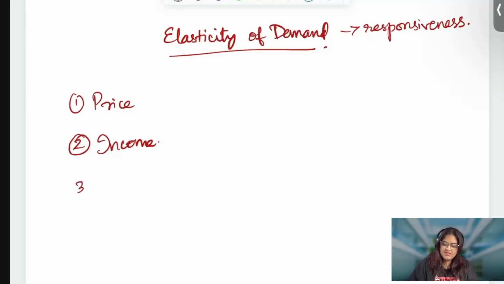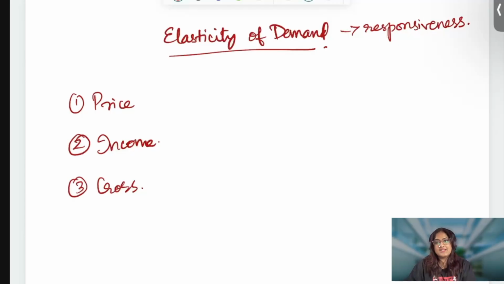And the third one is cross elasticity of demand, and it measures how demand for one good changes when the price of another product changes. So when the price of a product changes, how it affects the demand for a different product. That is cross elasticity of demand. Now, all these three elasticities of demand help managers make pricing, production, and strategic decisions.